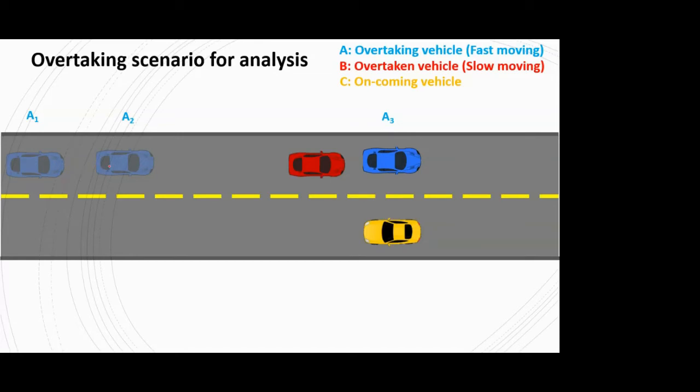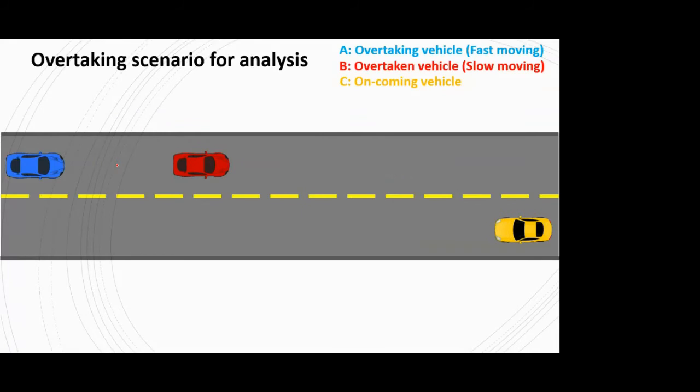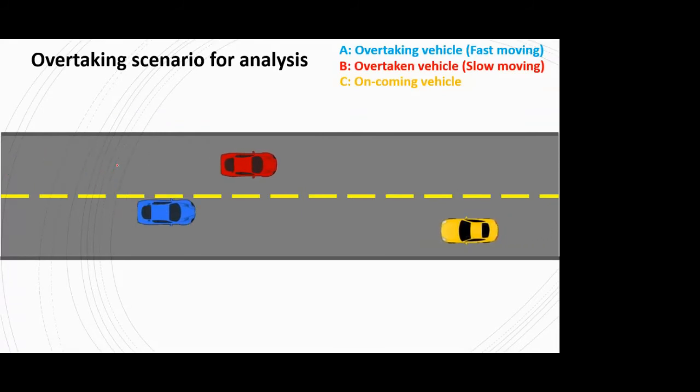A2 is the location where your driver decides, now I will start overtaking. So that's the location where your actual overtaking operation starts. If you just concentrate on this area, the one which I am showing with the red dot, that is the point from where your overtaking starts.